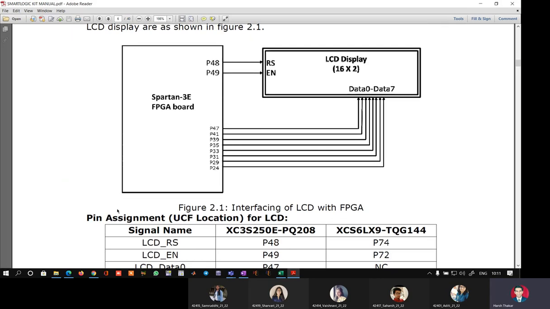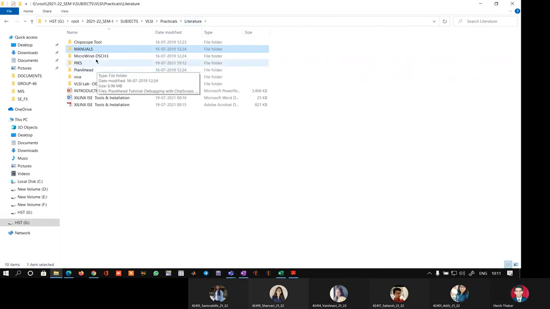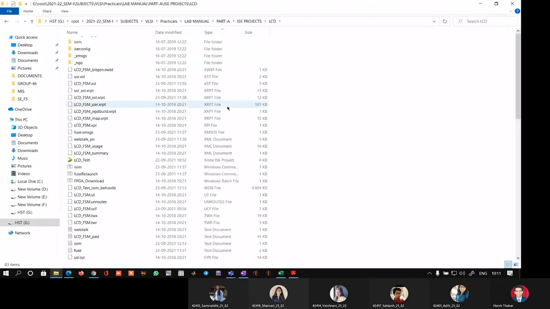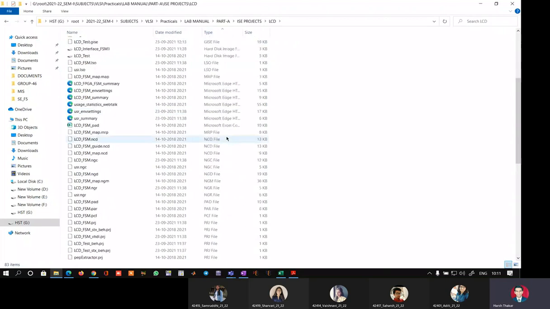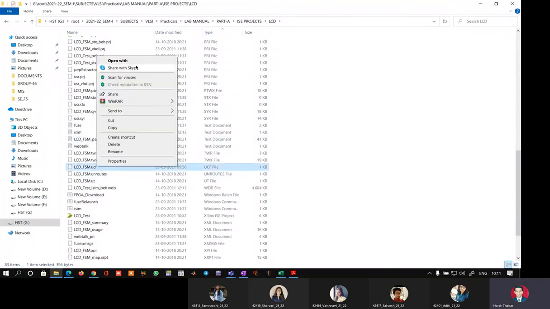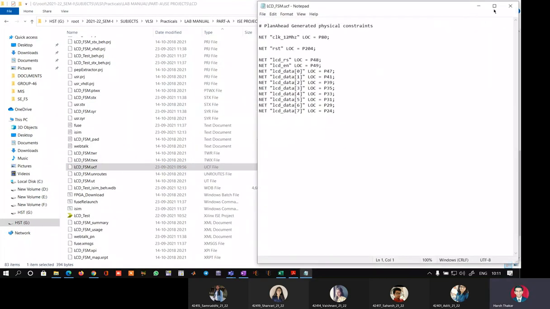Now I will show you the contents of the UCF file. You can open this UCF file with Notepad. And now you'll be able to appreciate the contents.